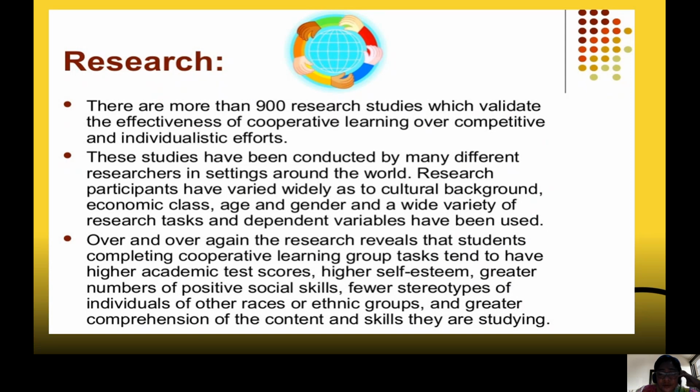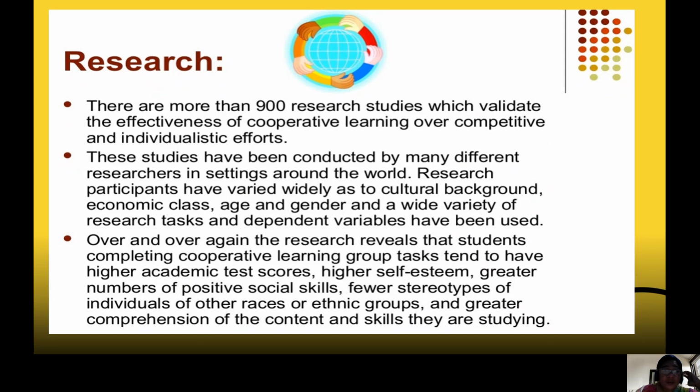Over and over, the research reveals that students completing cooperative learning group tasks tend to have higher academic test scores, higher self-esteem, a greater number of positive social skills, fewer stereotypes of individuals of other races or ethnic groups, and greater comprehension of the content and skills they are studying.